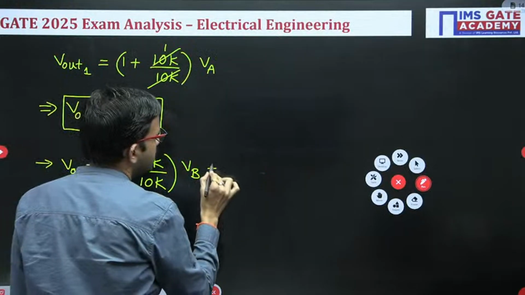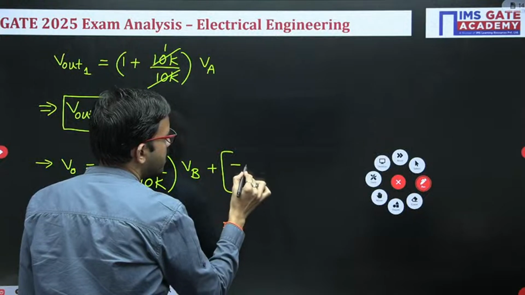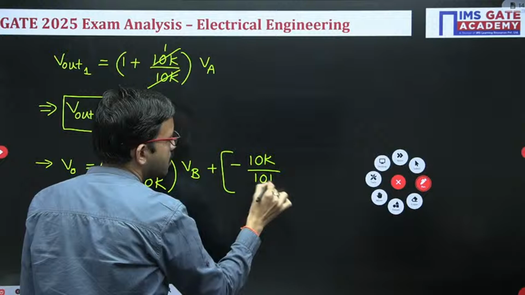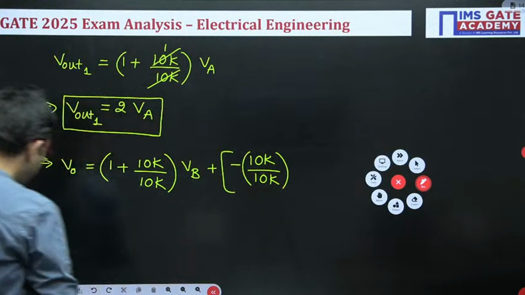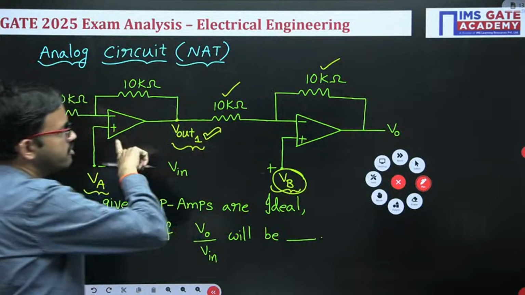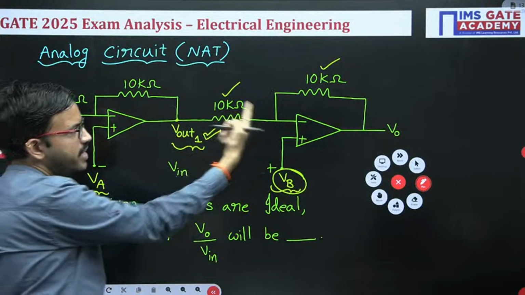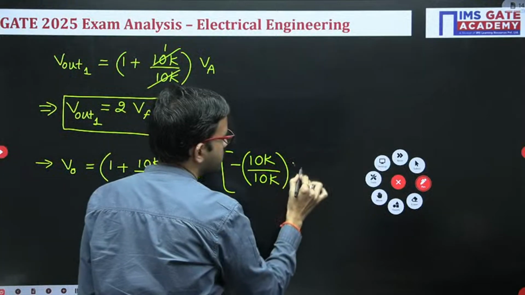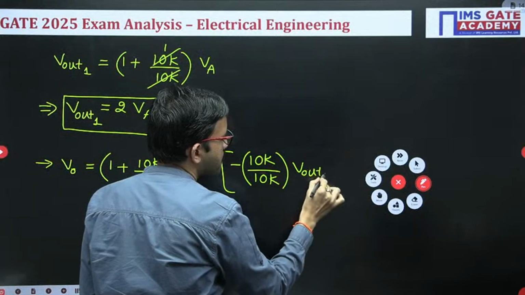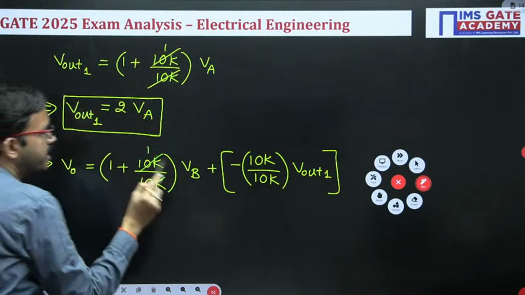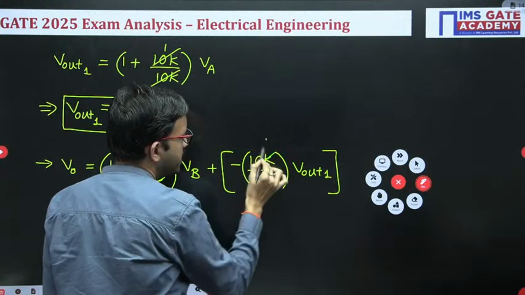So here minus RF by R1, once again 10K divided by 10K, into the input voltage. Here the input voltage is nothing but Vout1. The output of the first stage is the input for the inverting terminal here, correct? So Vout1. Here the 10K values get cancelled, and here also the 10K values get cancelled.